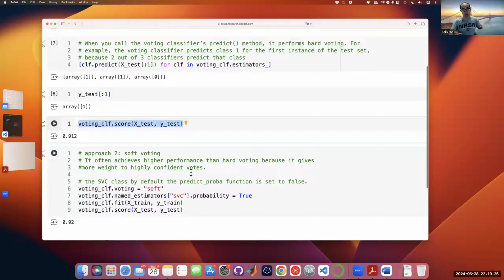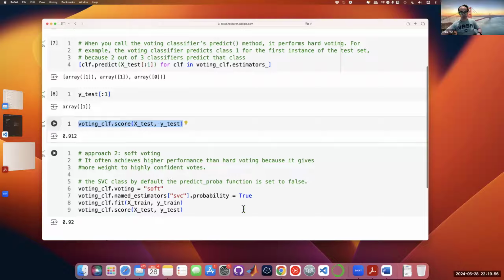And we can also do soft voting as well. Usually soft voting will achieve higher performance because, as I said, in soft voting it will give extra weight to those highly confident votes, which in a lot of cases have a higher probability of being correct. However, in SVM, the default predict probability setting is false.